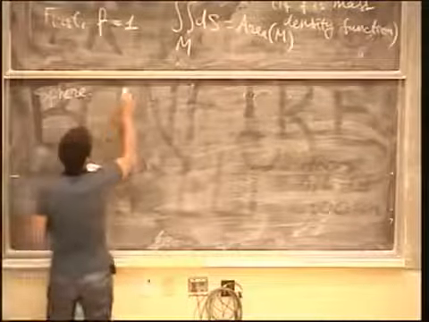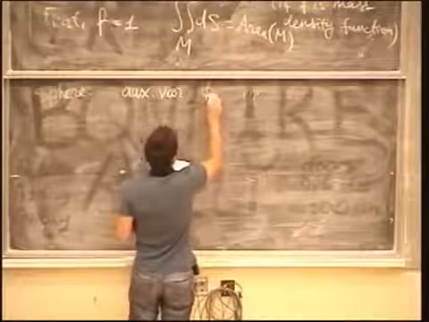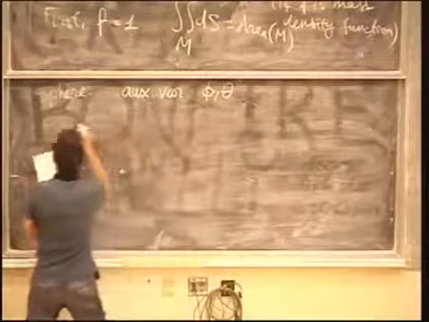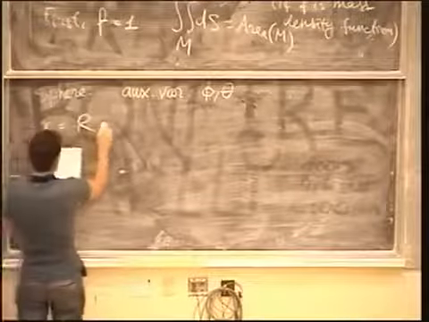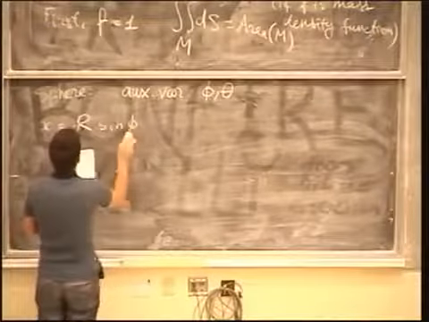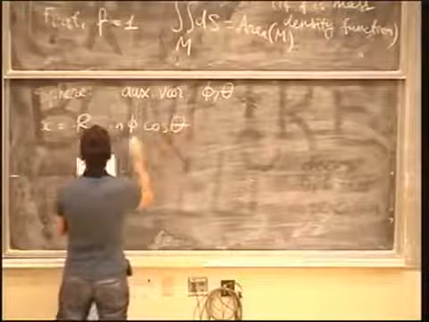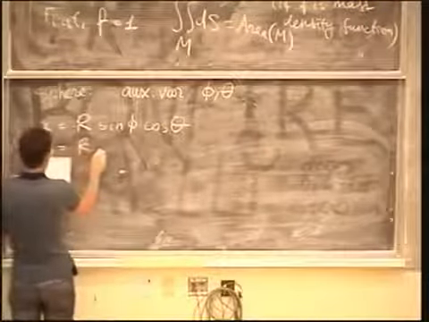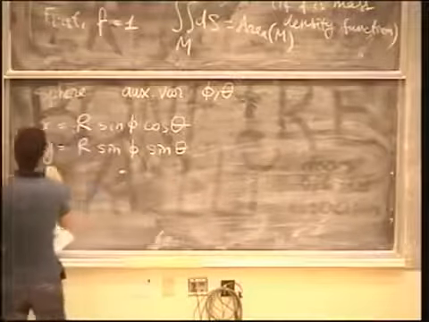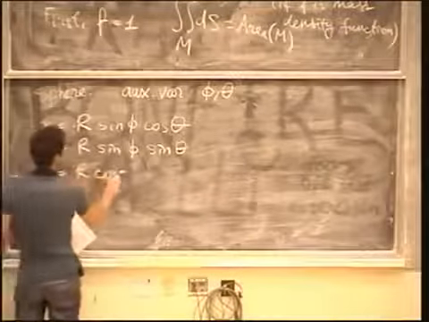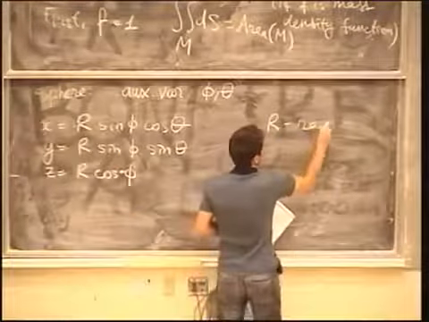So we use as auxiliary variables theta and phi, and we would write x is r sine phi cosine theta, y is r sine phi sine theta, and z is r cosine phi. Where r is a number, r is the radius of the sphere, and it is fixed.